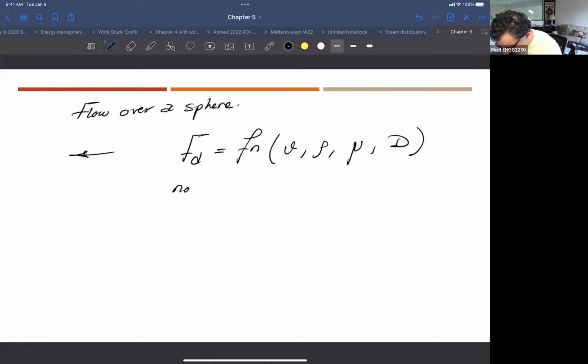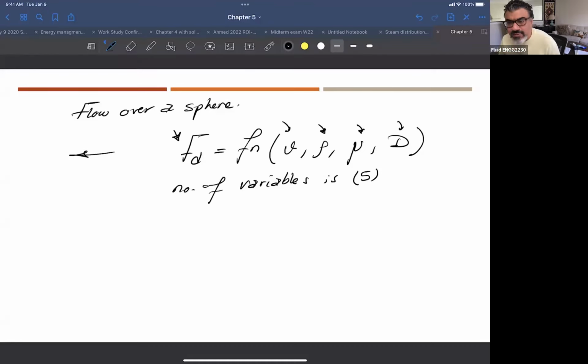So the number of variables is 5. Why? Because this is the main variable, a function of other variables.